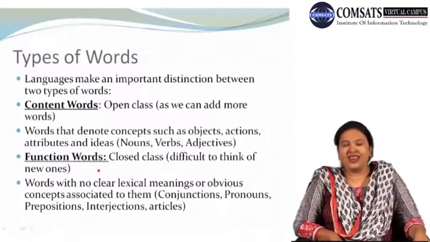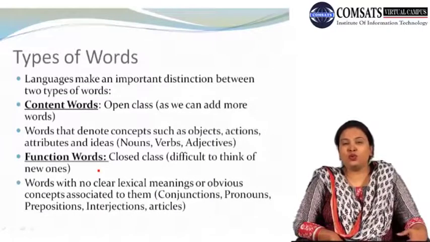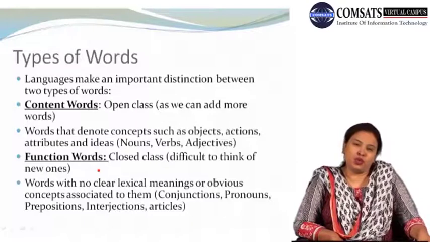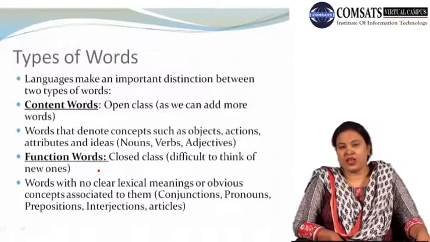Function words are closed classes, because we rarely have any addition of words in them, and their definition is that they don't exactly have a lexical meaning. You cannot tell me exactly what the meaning is, but some obvious concepts are associated with them. These are like conjunctions: and, or, but.